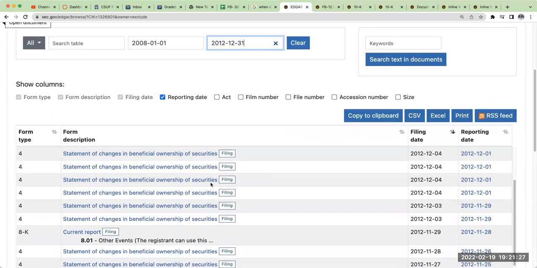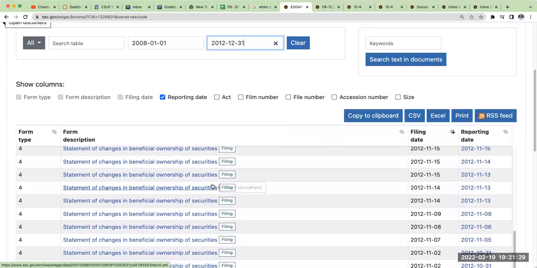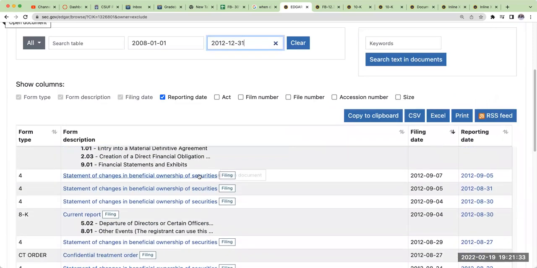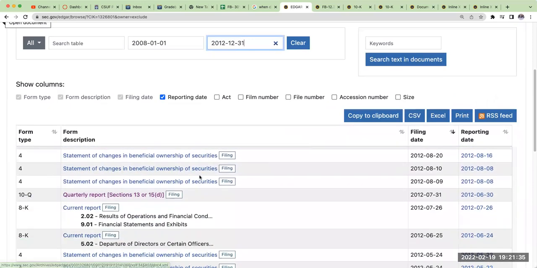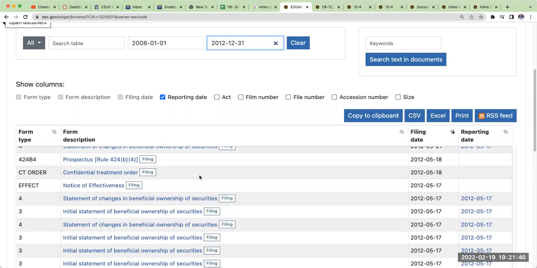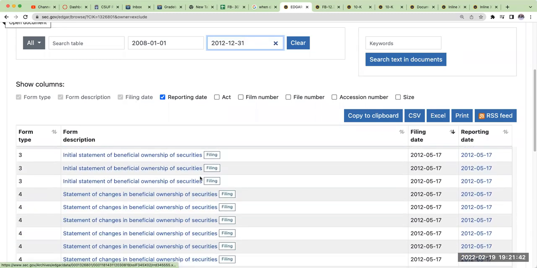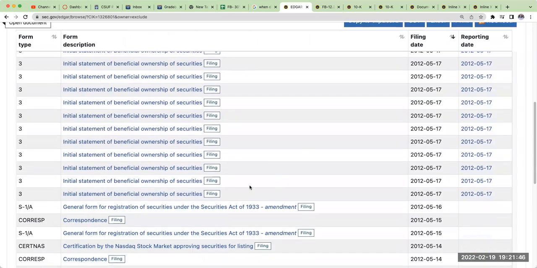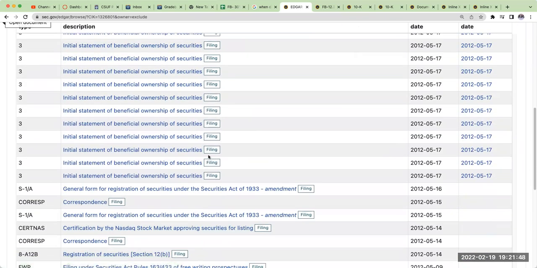Okay. And as I come down over here, we found the quarterly report. Over here, let's just go down and keep on seeing what we can find. These are all the different items that they went through, the initial statements of beneficial ownership. And here we go.